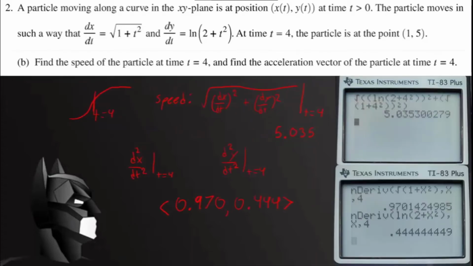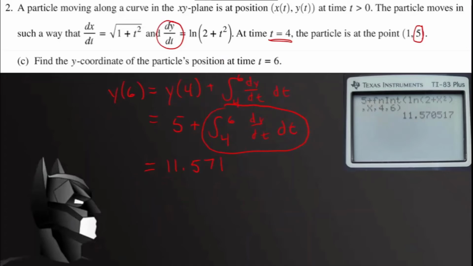Now, if we go to the second problem, this is a big one. It's actually going to be 3 different data points we need to plug into the Bat computer. One of these data points comes down to the acceleration. Now, that's just going to be our final answer, which we found right here, the 0.970 and the 0.444. 2 of the points are actually going to come from the speed. So one of them is just going to be the basic speed equation, and the other point is just our final answer, which is right there.